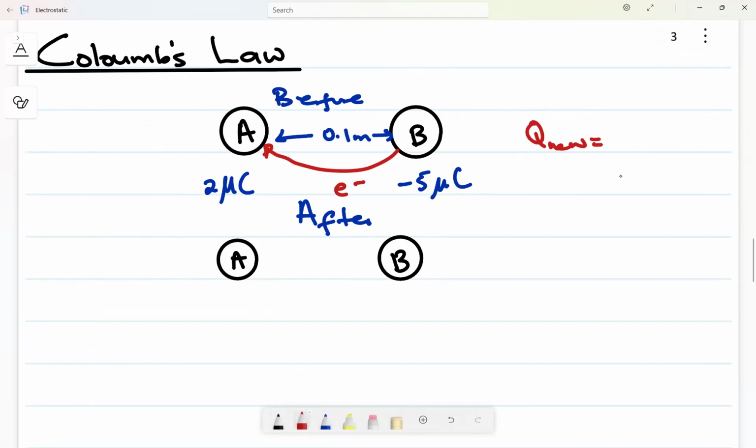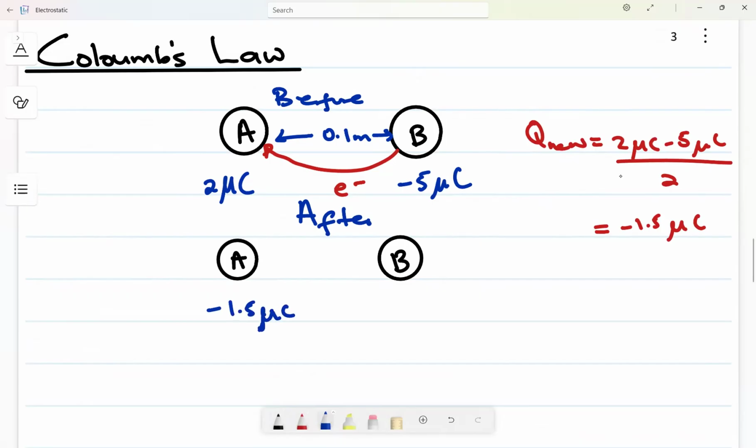Q new will be 2 microcoulomb minus 5 microcoulomb, divided by 2, which is minus 3 over 2, so it's going to be negative 1.5 microcoulomb. Now, after contact, they move apart again, then they add charge C here.